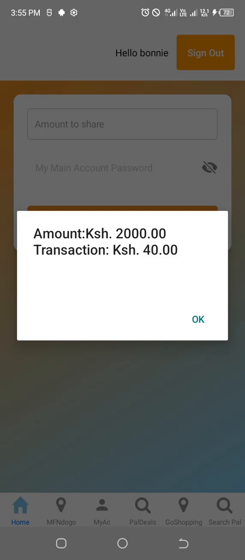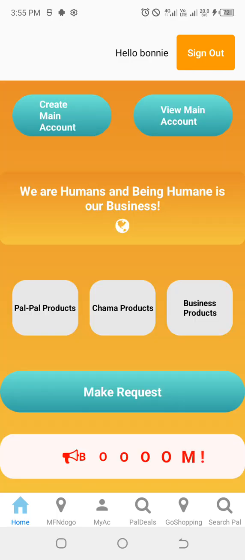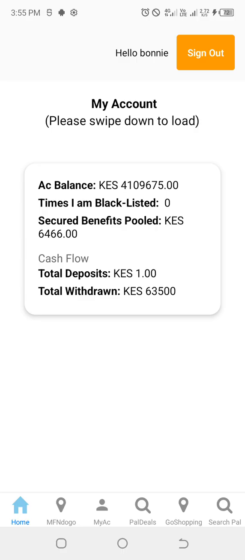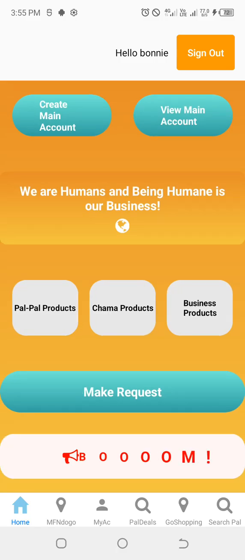So it should go down by 2,240. So the balance should be 6,266. That should be the balance of the pooled benefits in my main account. But what about what you sent to that particular product?